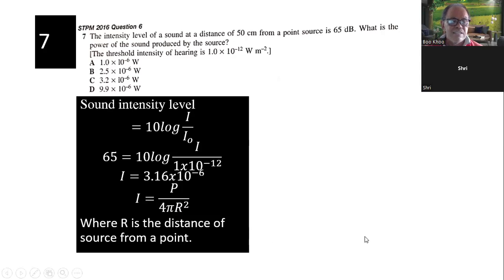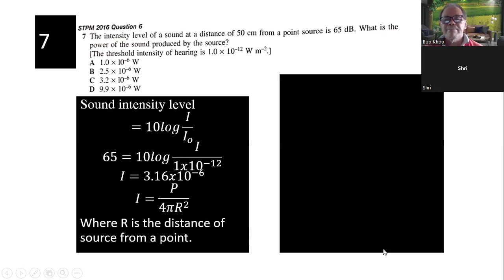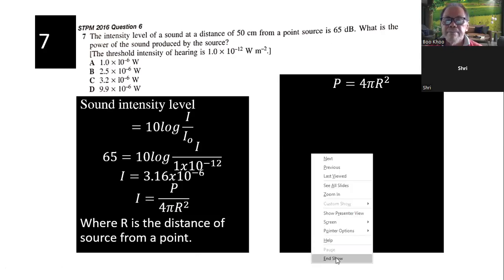Right? R is the distance of the source from the point. Right? Cross multiply.